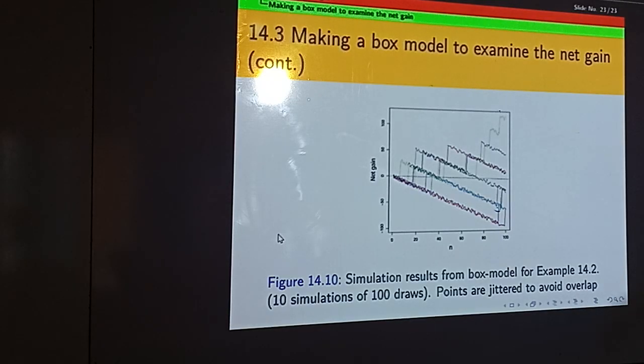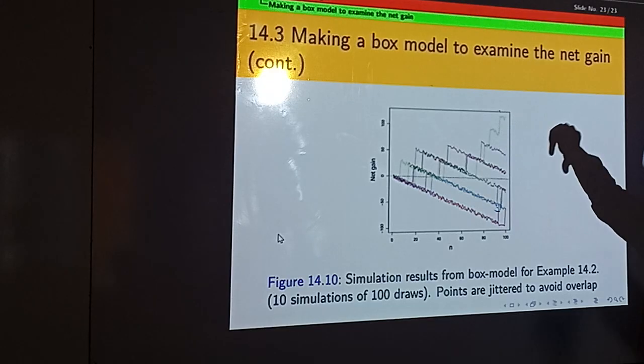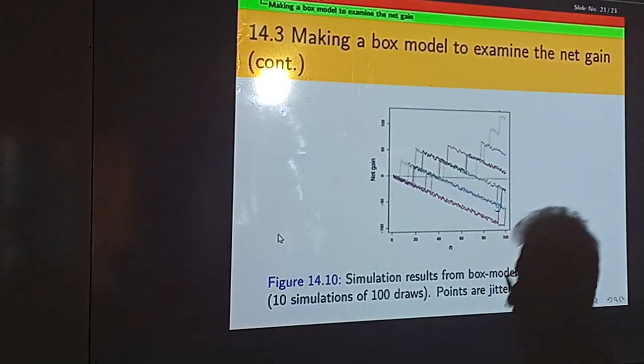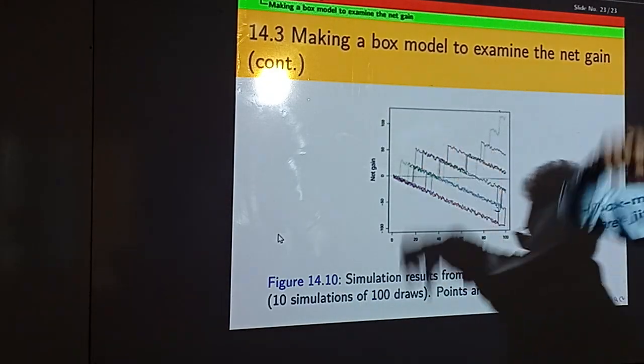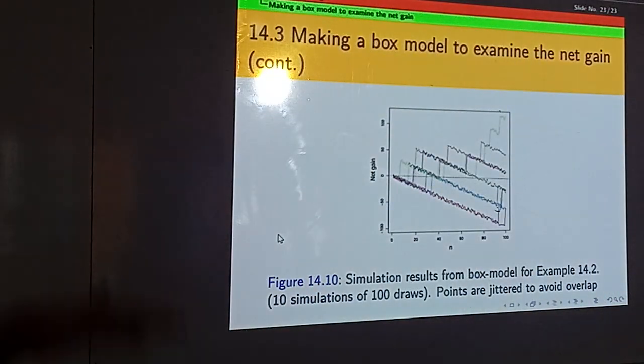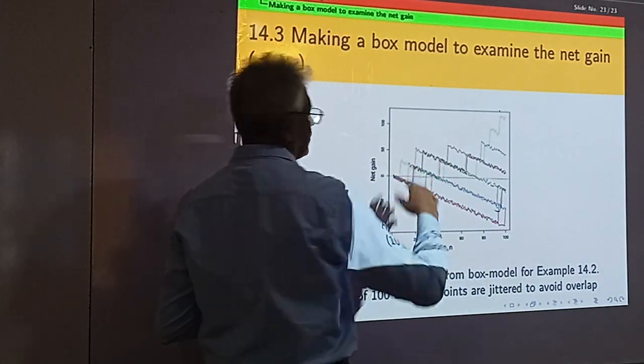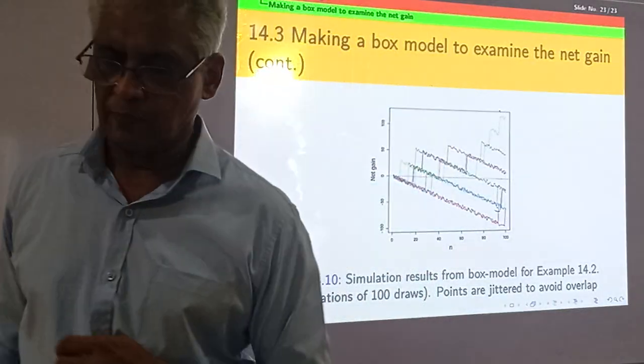You can see that there is a possibility of somewhat high gains also, because there is a $35. Whenever you win, there will be a large jump to the right, but whenever you lose only $1, when you go down, it's going very slowly. But when you win, like here, your total is going up.